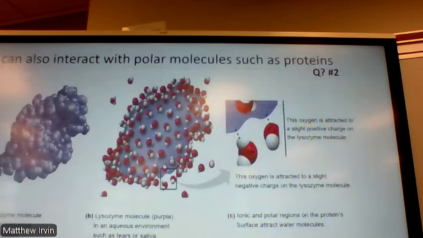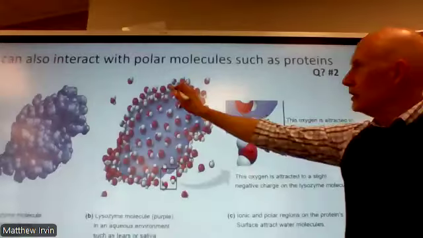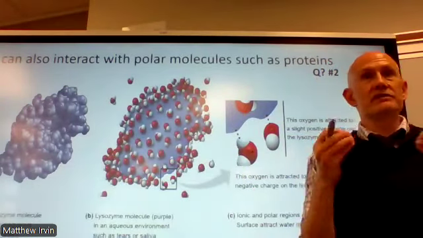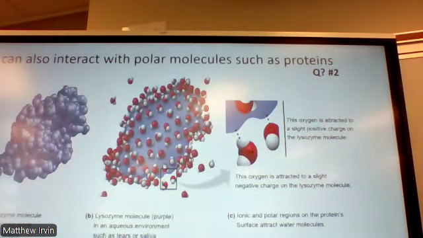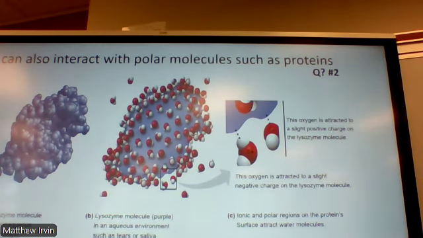All right. Some large things like proteins, they can be surrounded by water and they can then be dissolved into liquids. So the protein that is in milk, those are soluble proteins. They are huge molecules, but they are polar, so they get surrounded by water and they can be dissolved in the water.